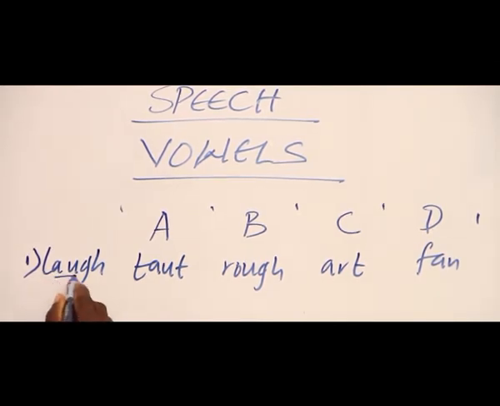Remember, this part is underlined: the letters AU. What vowel is represented by them? Your mind could think that the answer to this question is option A, since option A has the same spelling AU as the spelling in laugh.